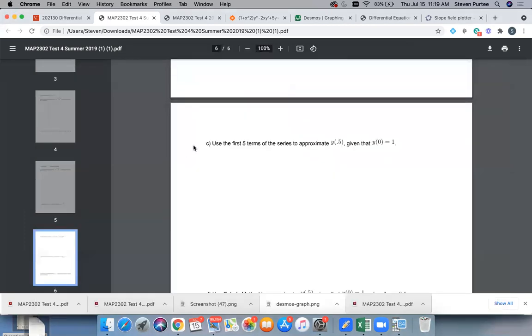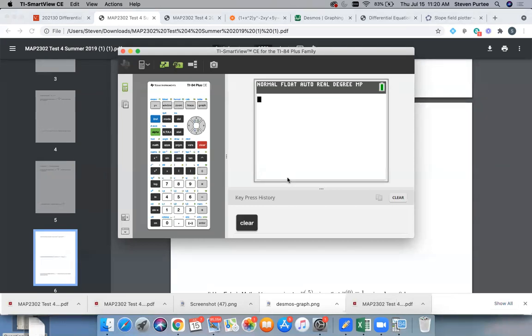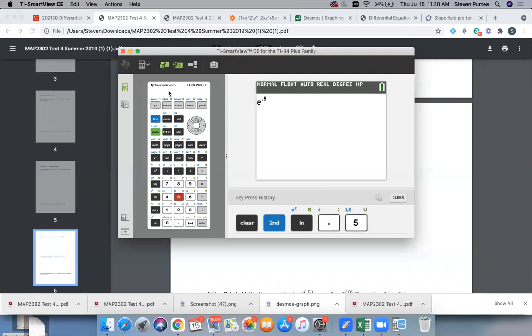So if I wanted to find e raised to the 0.5, this graphing calculator does this using a power series. E to the 0.5 would be right here. It has built into it a power series, not the same one we're using, because this is a very slow method.